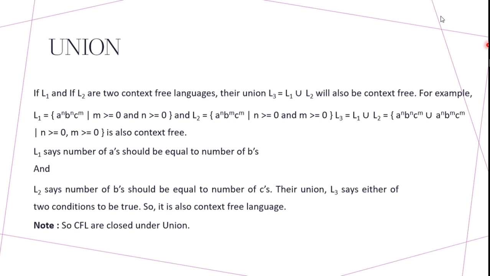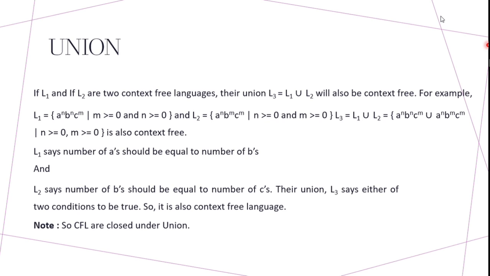Now L3 equal to L1 union L2, where L3 equal to a raised to power n, b raised to power n, c raised to power m, union a raised to power n, b raised to power m, c raised to power m, where n and m are greater than or equal to 0, is also a context-free language.